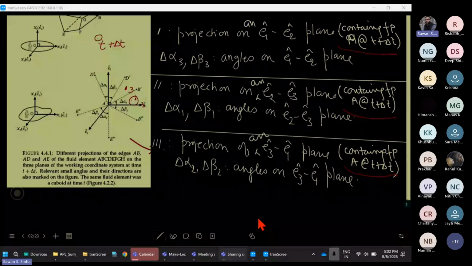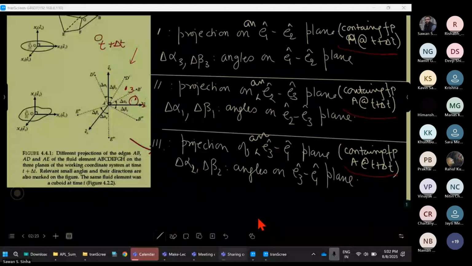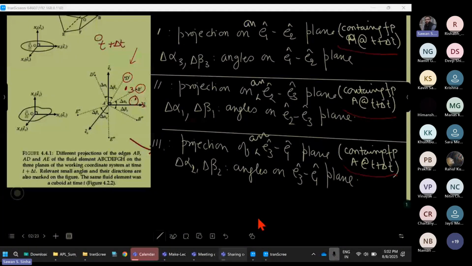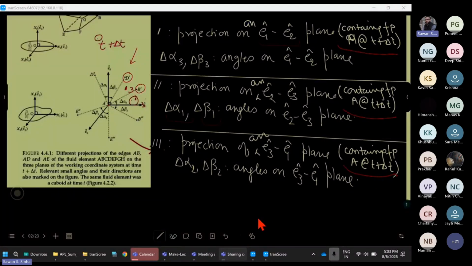On this figure here, I am drawing the projections of first points B and D on an E1 E2 plane, and that plane contains the fluid particle A. So I can have several E1 E2 planes, an infinite number of E1 E2 planes all parallel to each other.